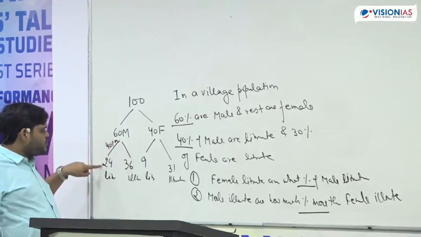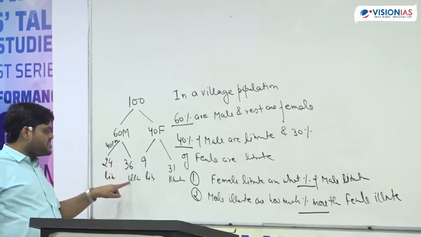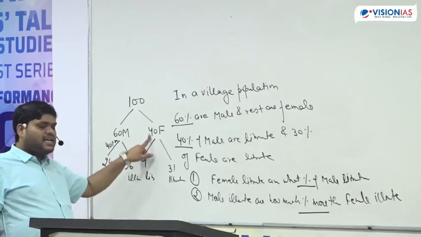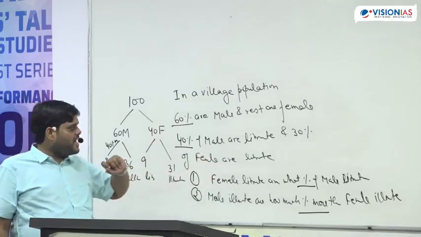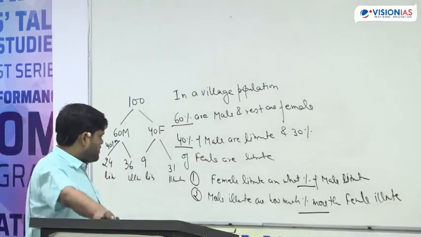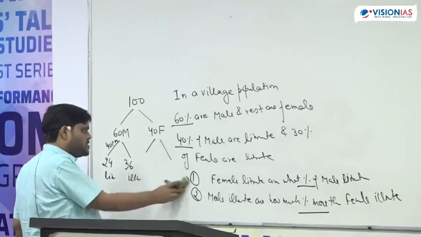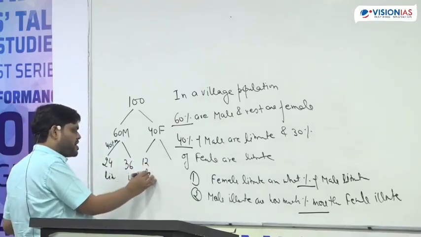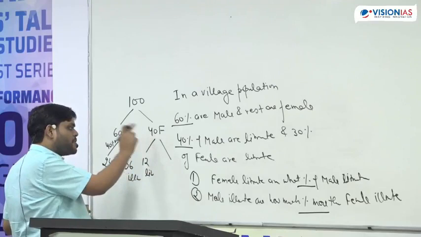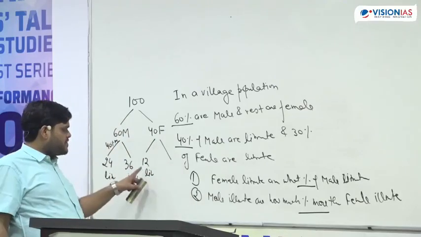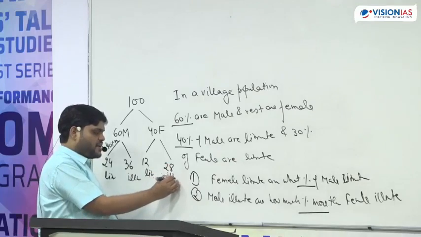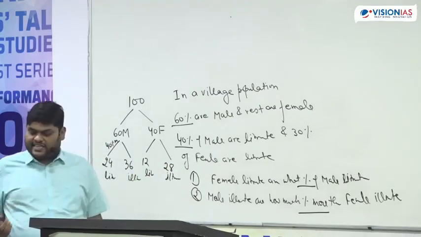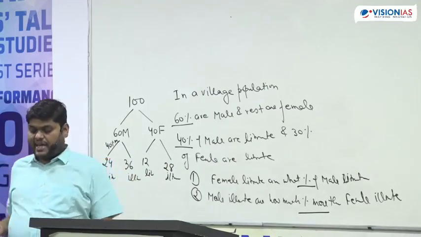Out of 60, 24 are literate, that means 36 are illiterate. Similarly, we find it for the females, 30% of the females are literate. Just a minute, I have taken the wrong data. This 12 becomes literate because 10% becomes 4, and 30% becomes 12. And this becomes 28, 28 are illiterate. Just a calculation mistake.